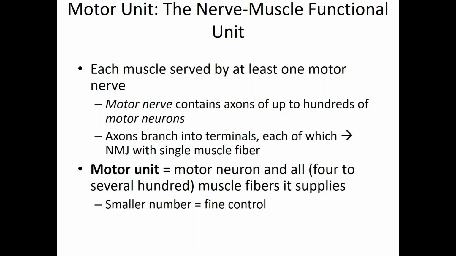If you have 10 neurons going to that same muscle, each of them with 10, now you've got a lot more control because you can do 0 or 10 or 20 or 30 or 40 all the way up to 100. And so the number of motor units and the number of muscle fibers each motor unit controls plays a big role in your ability to control the amount of force that you apply with a given muscle.